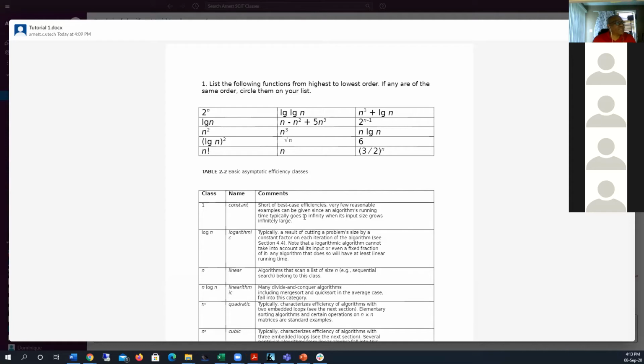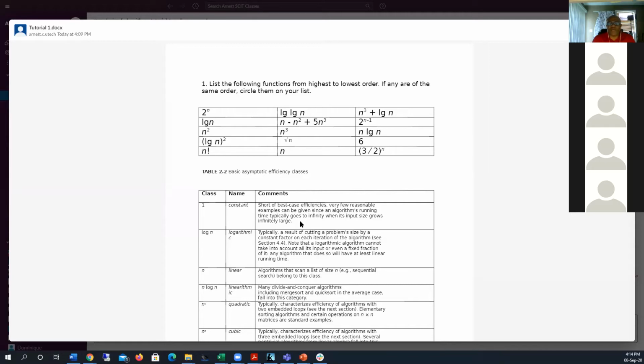Short of the best case efficiencies, very few reasonable examples can be given, since an algorithm's running time typically goes to infinity when its input size grows infinitely large. So if you have a reasonable amount of input, then a constant algorithm would be the best performing algorithm.